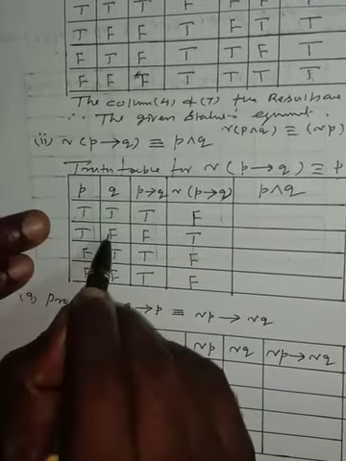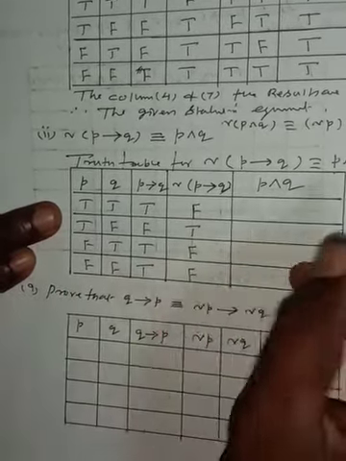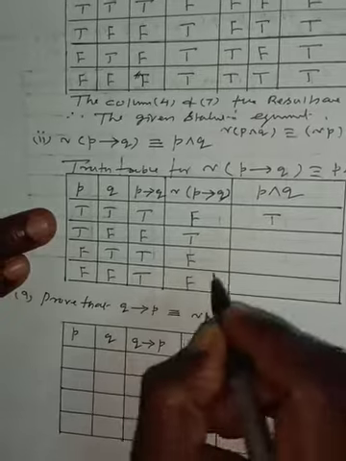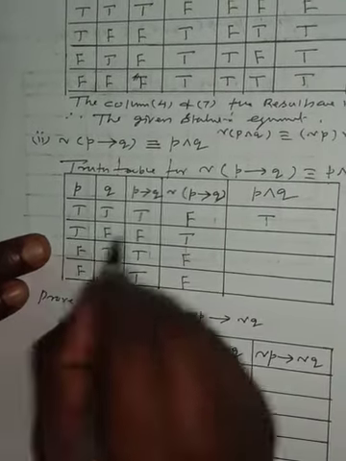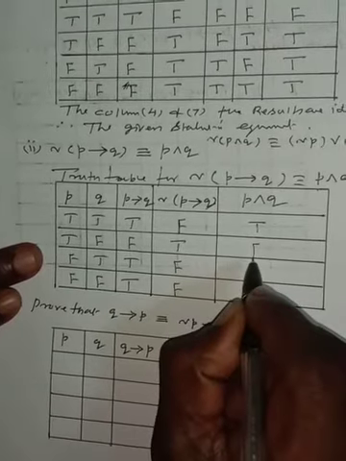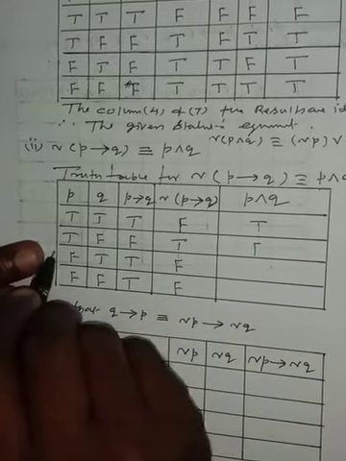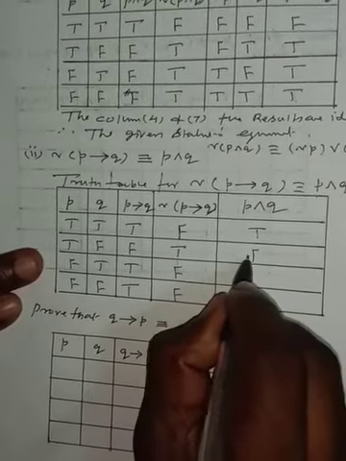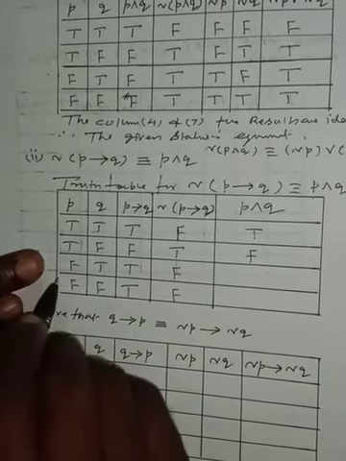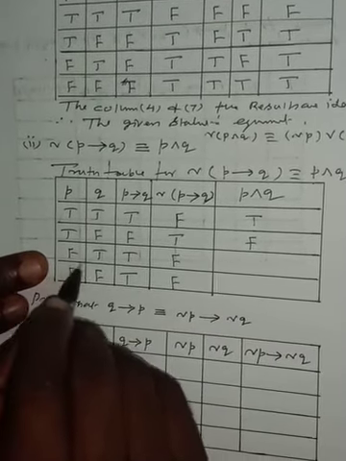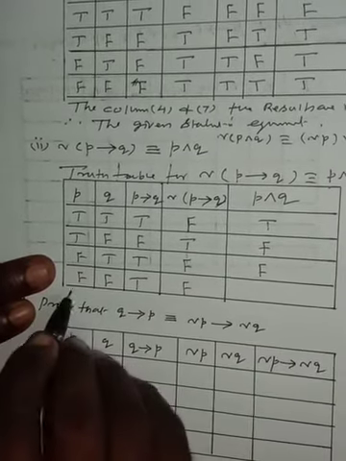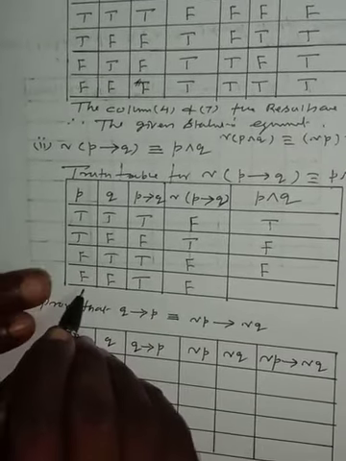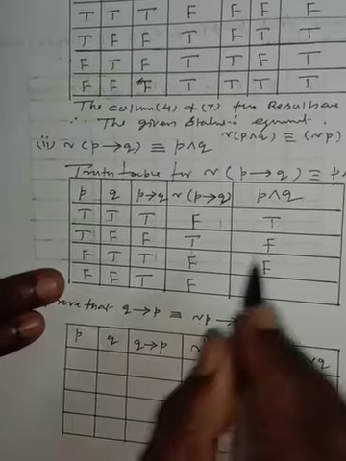Next, P and Q. Take the first two columns. T and T is true. True and false is false. False and true is false. False and false is false.